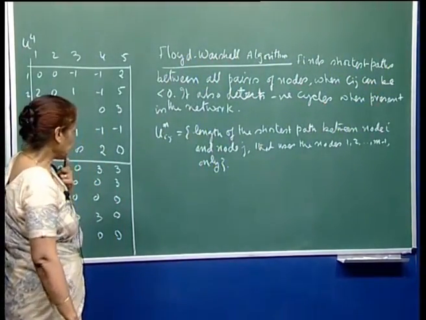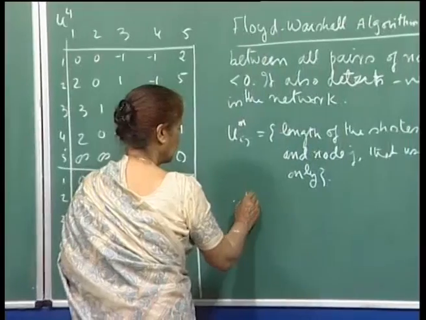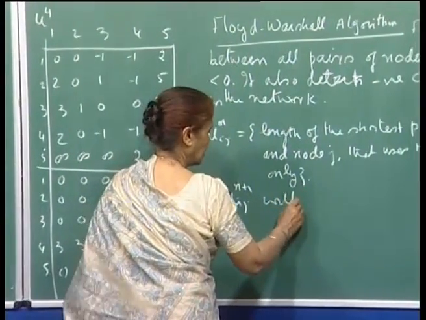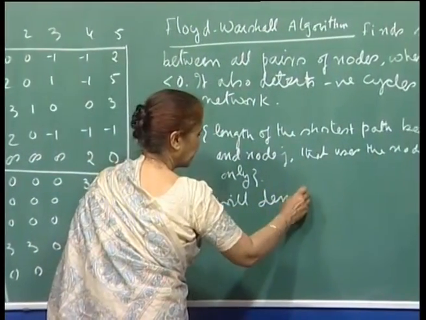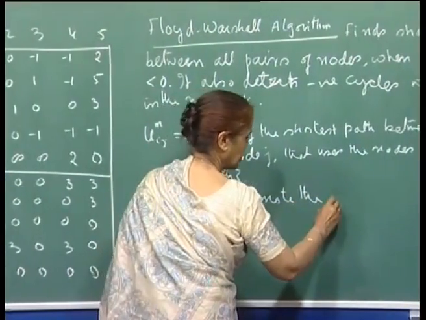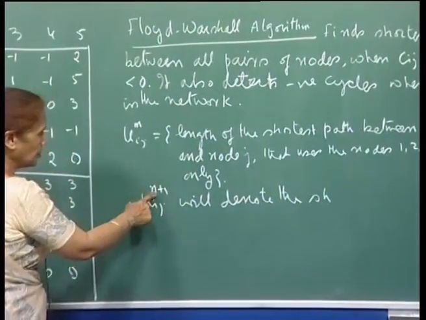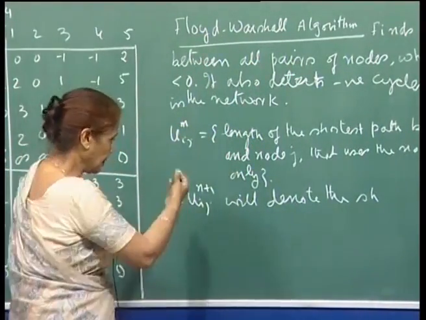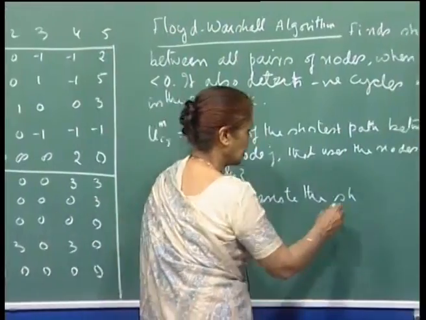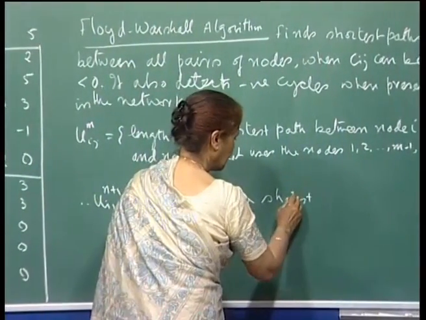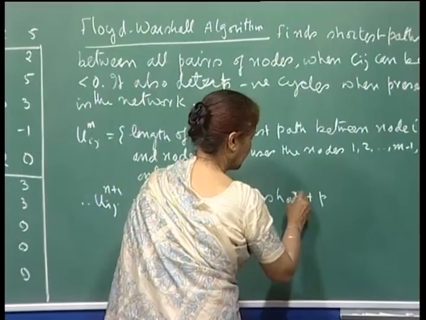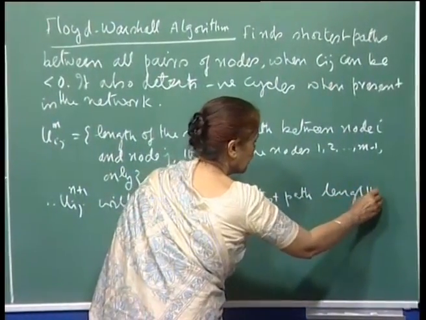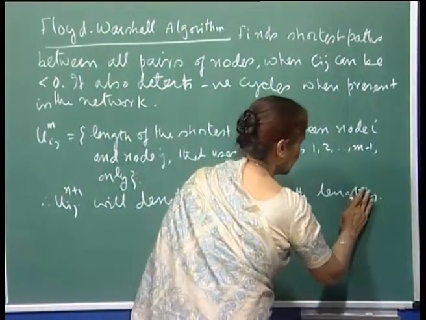So, Uij n plus 1 will denote the shortest path length, because by that time I would have used all the nodes 1 to n, and therefore, my claim should be, we will prove this, that it will denote the shortest path length.